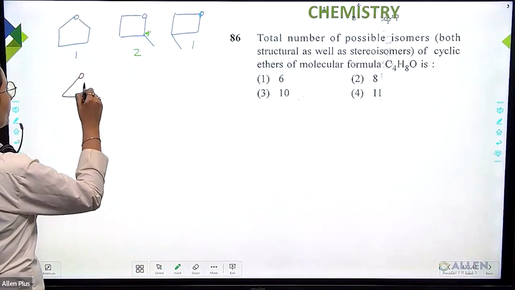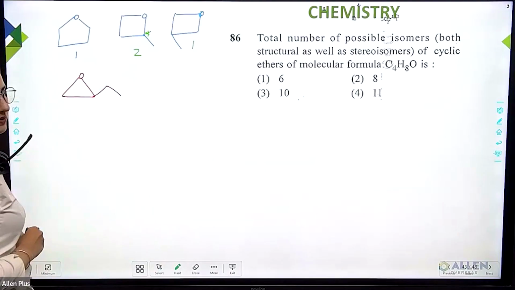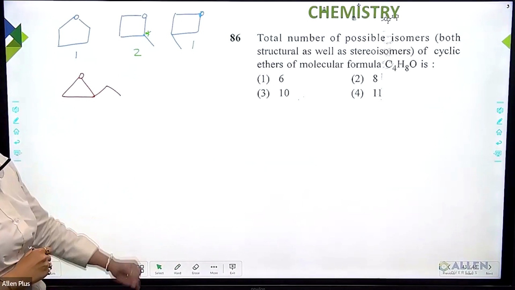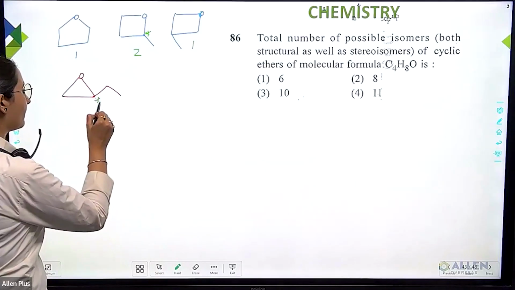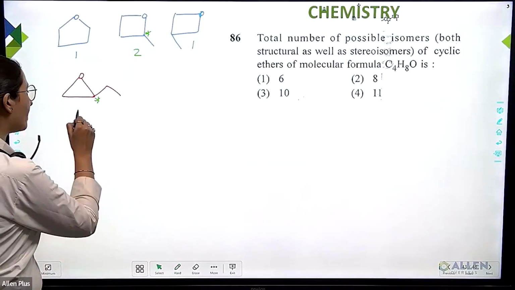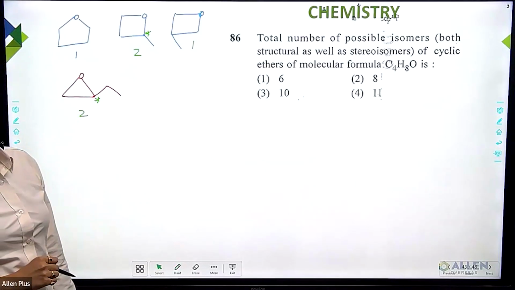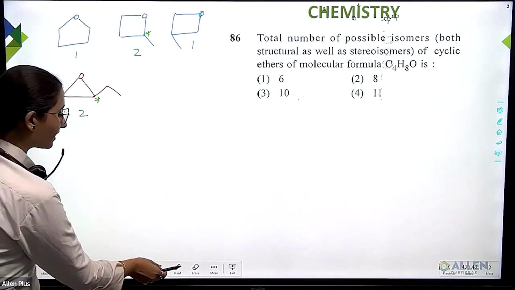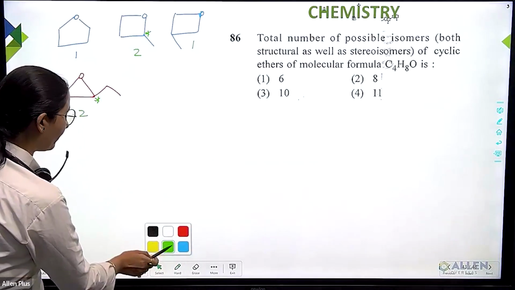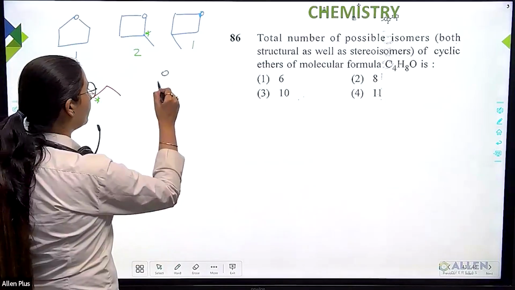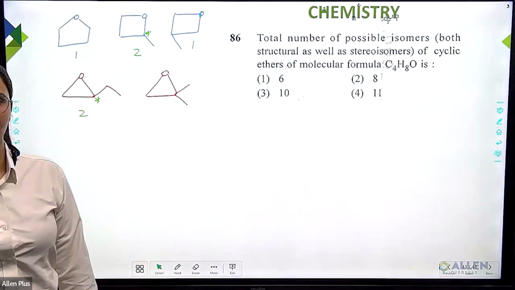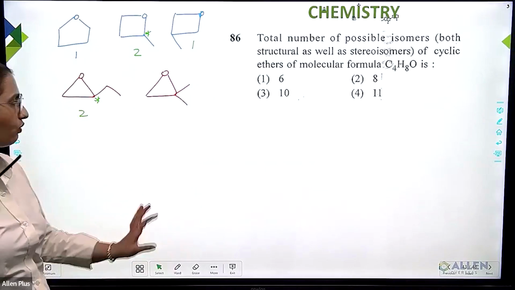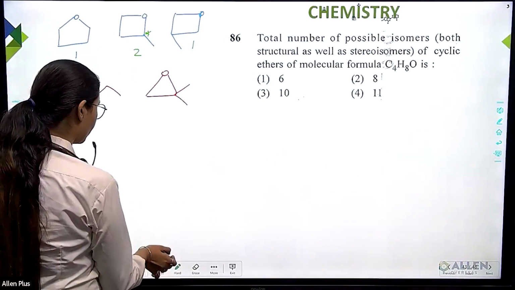I can make a 3-membered ring. I can put an ethyl group. 1, 2, 3, 4, 4 carbons. But again, students, this carbon formed is chiral. Chiral means 2 isomers. Now, instead of putting an ethyl group, I can put methyl groups 1 by 1. Next possibility is, if I put both methyl groups on the same carbon, any chiral center? No. So 1 isomer for this.